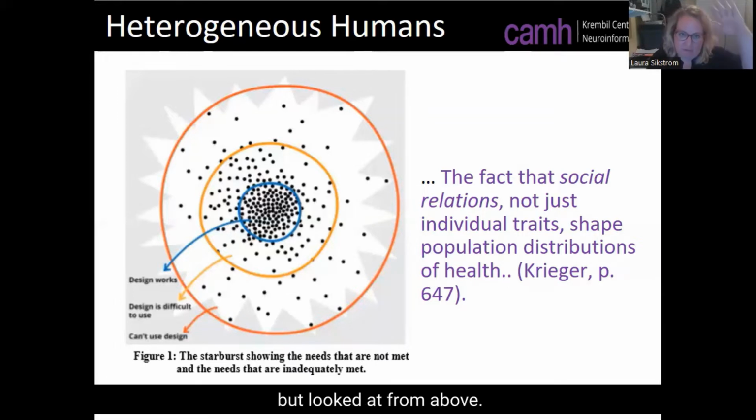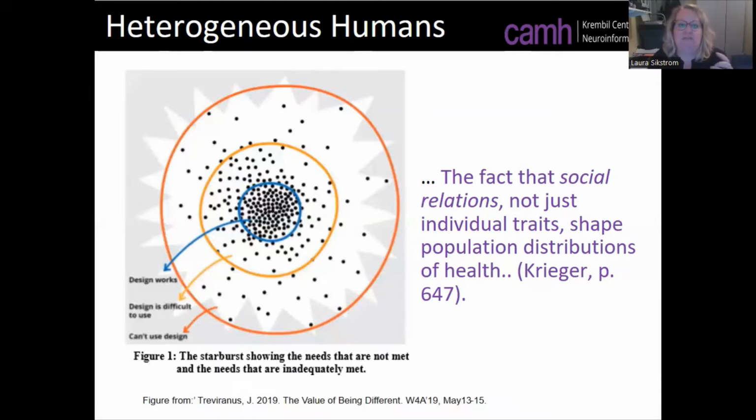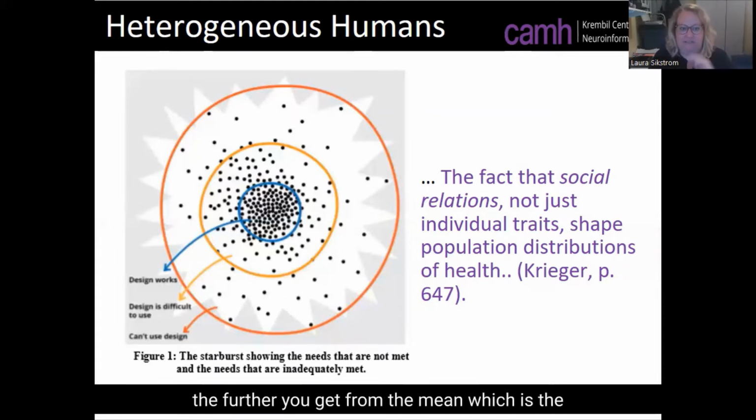You know, here's Quetelet's average man, but looked at from above. And one nice thing that Trewin points out is that the further you get from the mean, which is the center, the more heterogeneous the population gets. So you can see that these dots are spaced further and further apart.